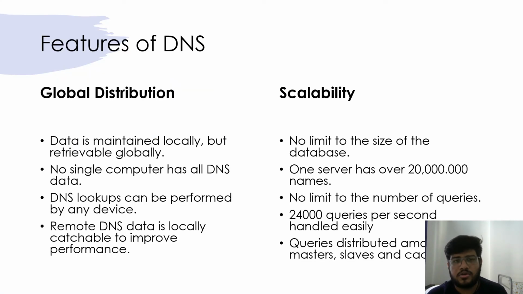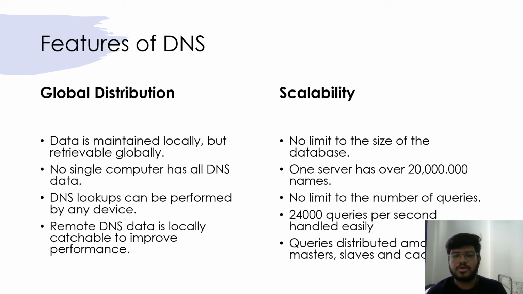Now let us talk about the features of DNS. There are many DNS features. We are covering a few, like global distribution, scalability, etc. First of all, global distribution. The data is maintained locally, but we can retrieve the data globally. No single computer contains all the DNS data. The DNS, as I said, acts like a phone book for the internet.